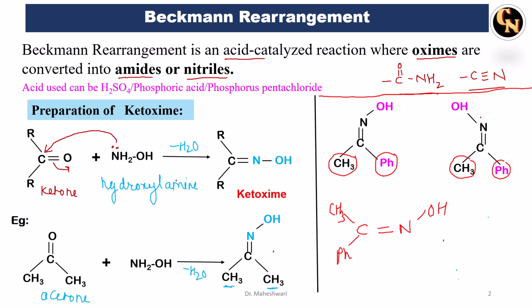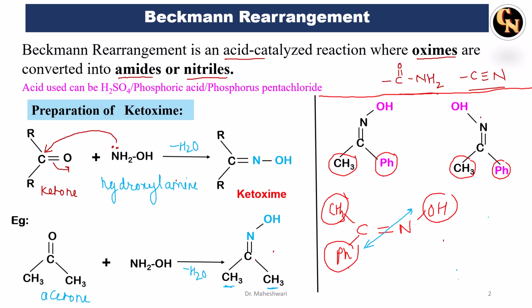So horizontal, if you write, it will be like this. Now if you see the arrangement, there are two different groups attached to the carbon, because they come from the keto group and the oxime group here. So in the ketoxime which is formed, the Ph and OH are, what has happened here? The Ph and OH are exactly opposite to each other.